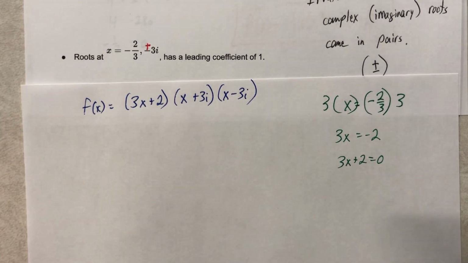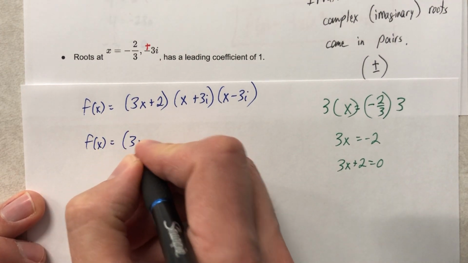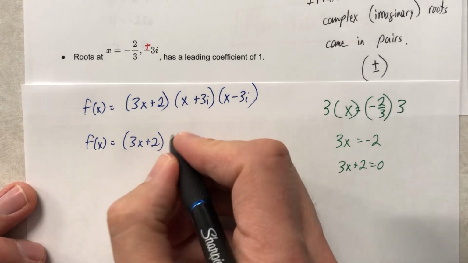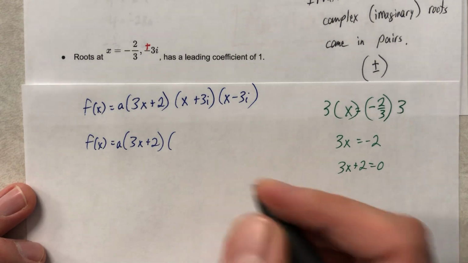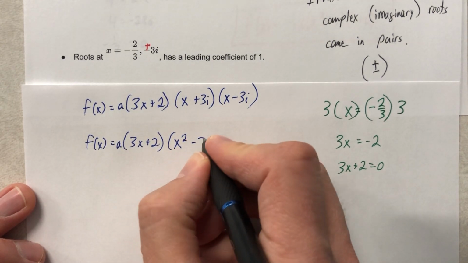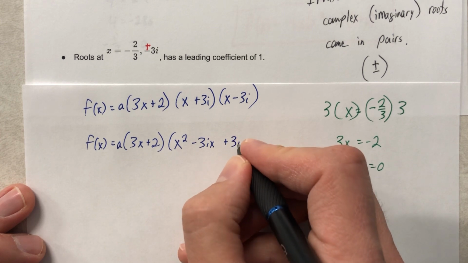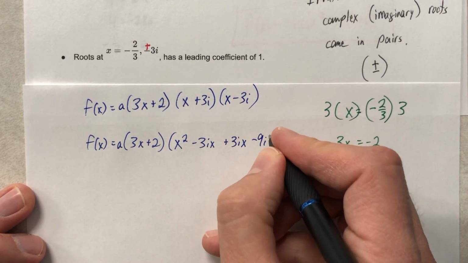Let's explore. Let's clean some things up a little bit, actually, and this is not always necessary, but it's good to know. If we multiplied all these out, and I think we can do that within this. By the way, let's put an A right here. Forgot that. Sorry. X squared minus 3ix, looks like Roman numerals, it's not, plus 3ix minus 9i squared.